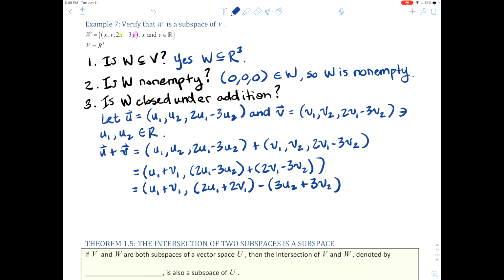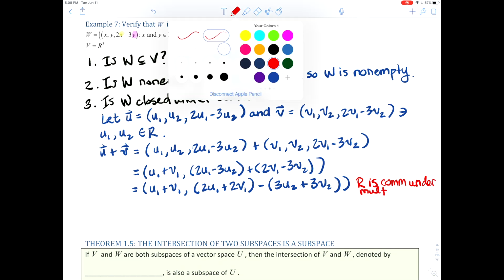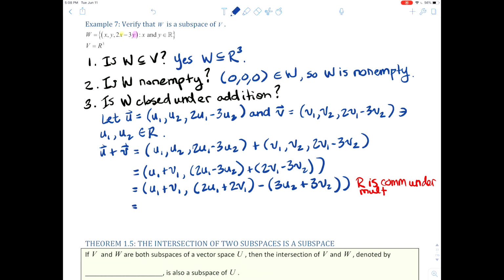And I can do that because the set of real numbers is commutative under multiplication. All right, so now this is going to be what?